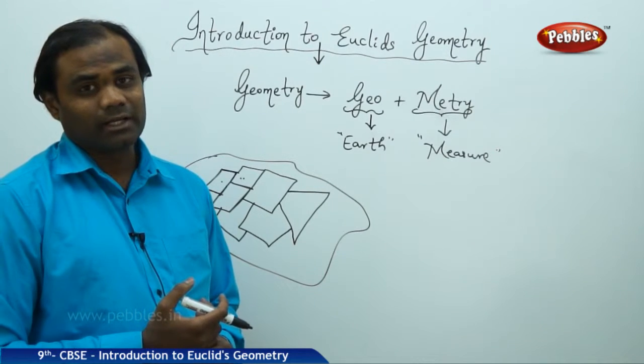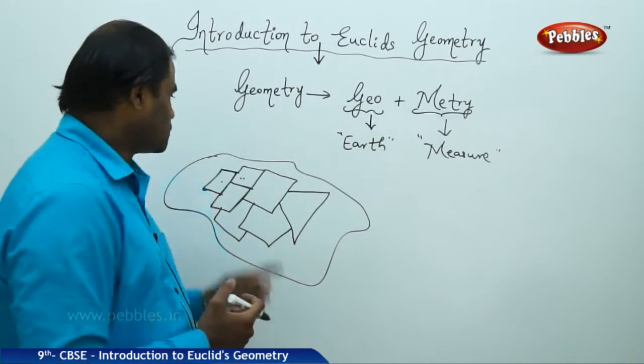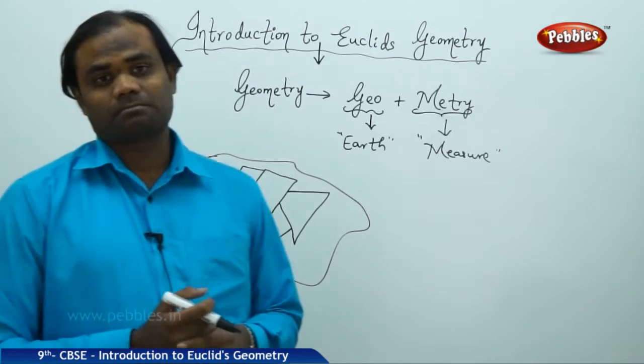Imagine the irregular plots, whose marked boundaries have washed away. How do we recognize the boundaries? How do we recognize the plots?